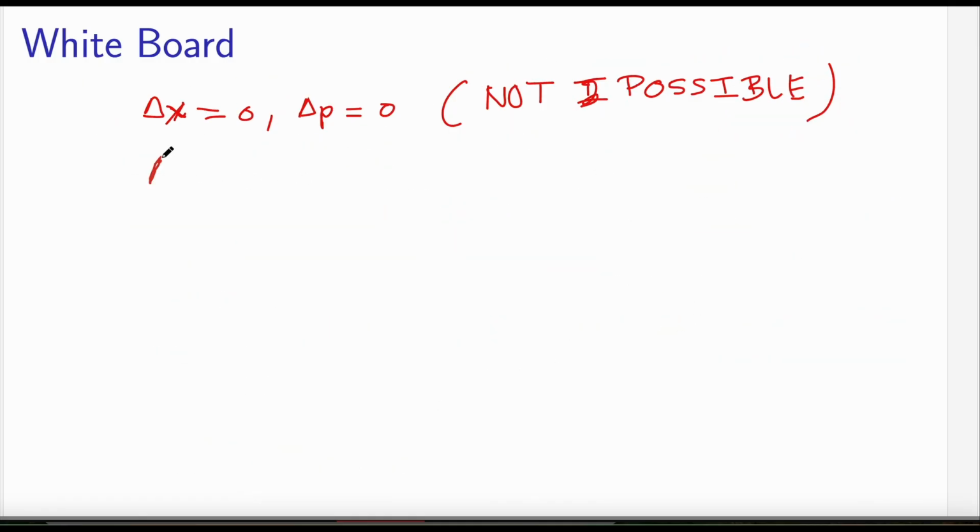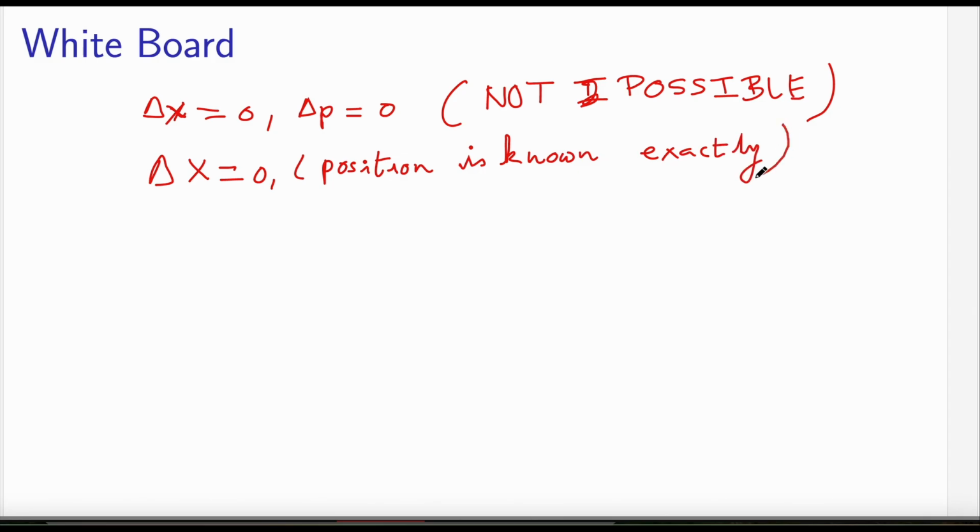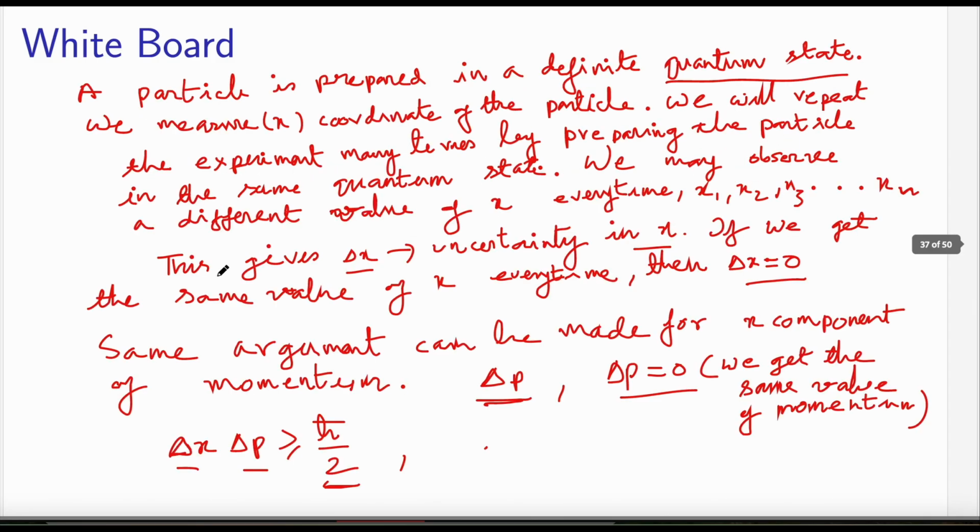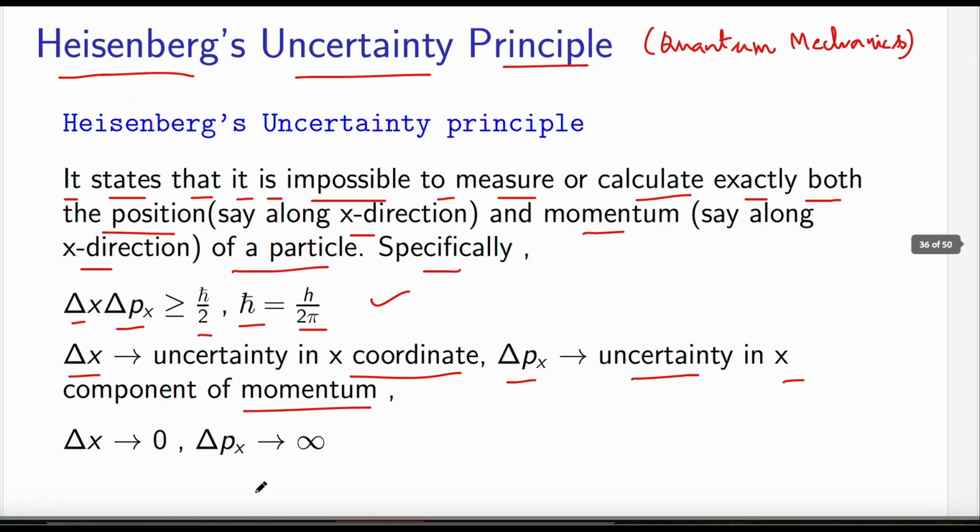So if we say delta x is equal to 0, that is, the position is known exactly, there is no uncertainty in the position, then what happens to this relation?